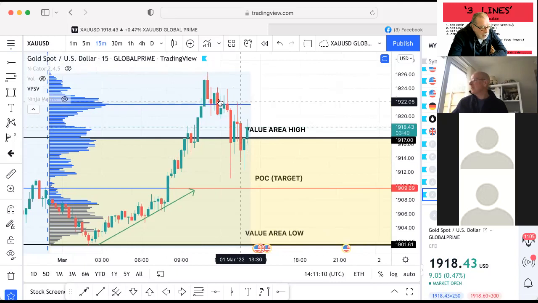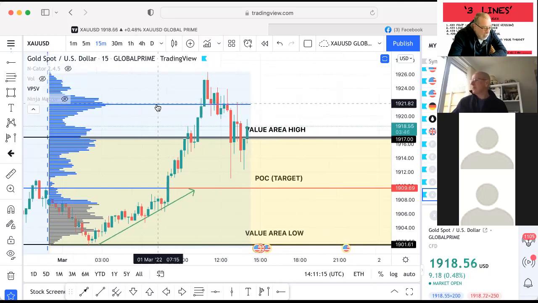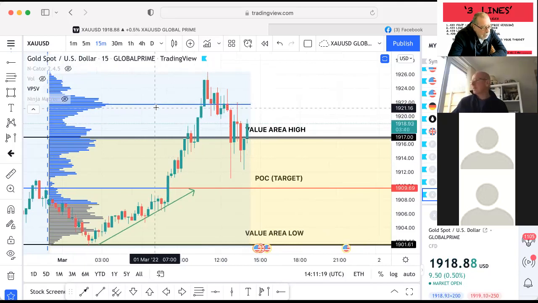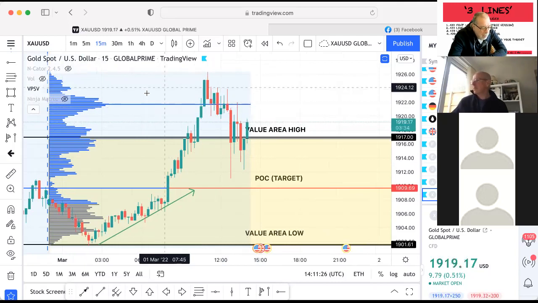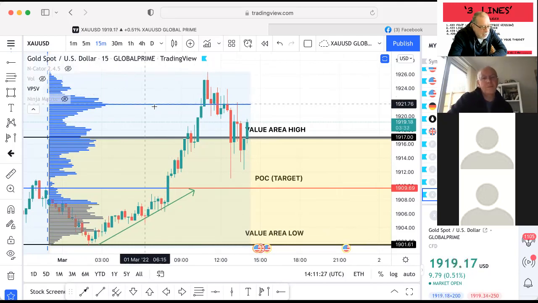We need to point this out as well. This is today's point of control, which we do tend to ignore, but it is significant. The reason we ignore today's point of control is that it's developing. It can change. Before the end of today, this will have moved a couple of times, but you can see how important it was.